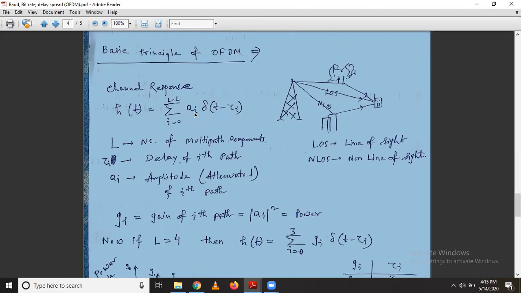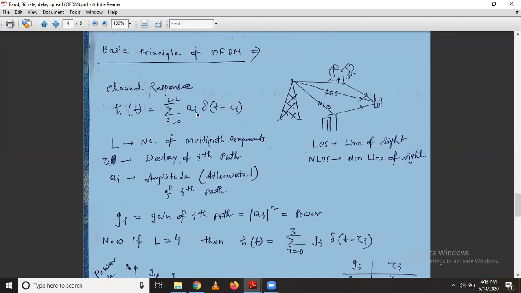These are the different signals which arrive at the mobile phone. a_i is the amplitude of the different signals which arrive at the mobile phone with some delay. This tau is the amount of delay, and capital L is the number of paths. Here we have shown 3 paths. It may be 4 paths, 5 paths, whatever.